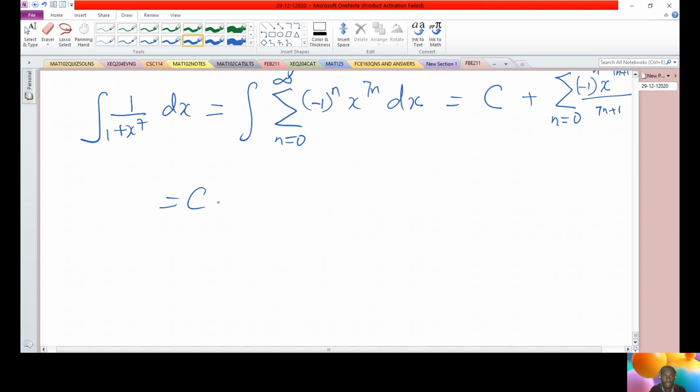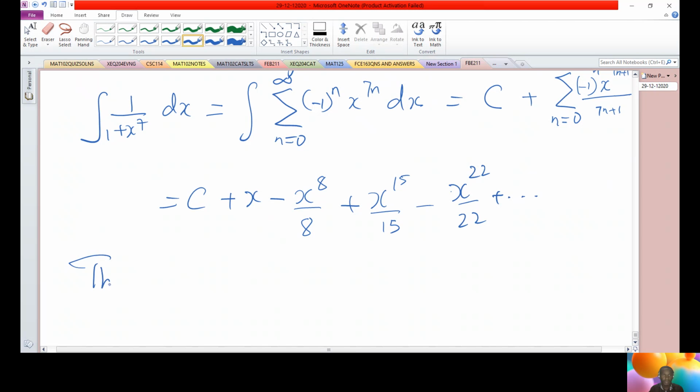Which would be c plus x minus x power 8 over 8 plus x power 15 over 15 minus x power 22 over 22 plus other terms.